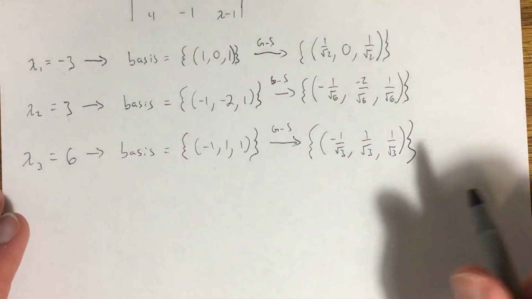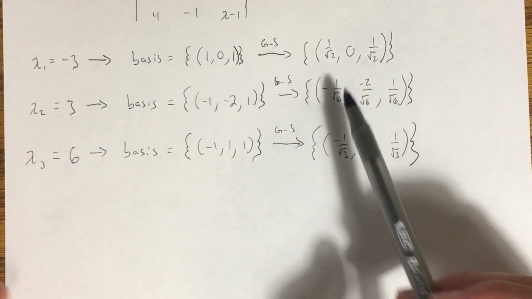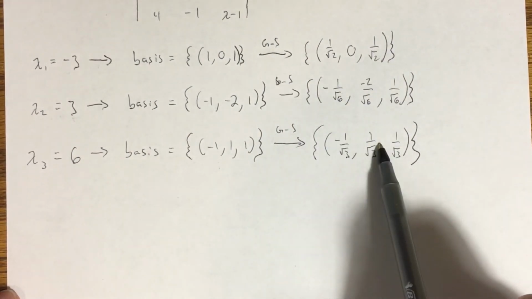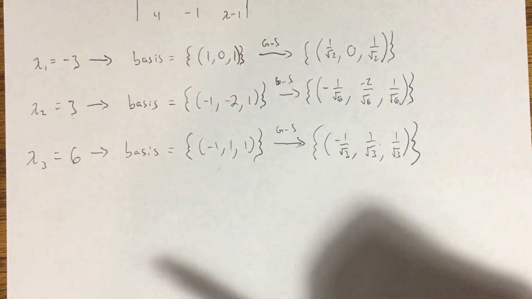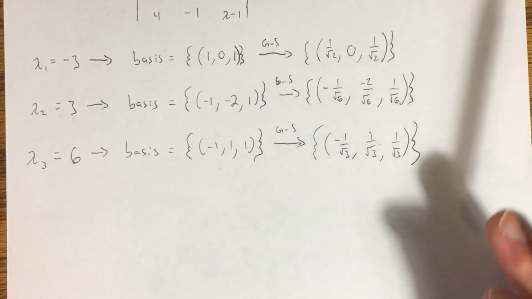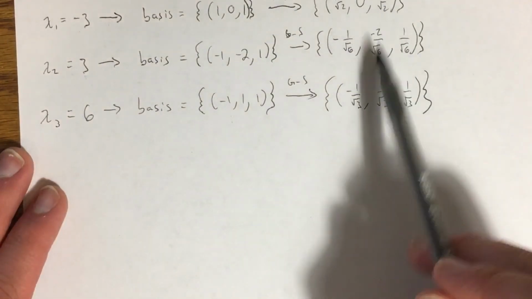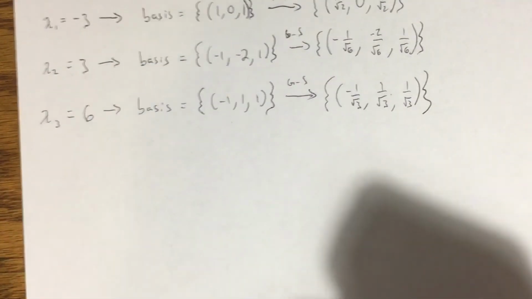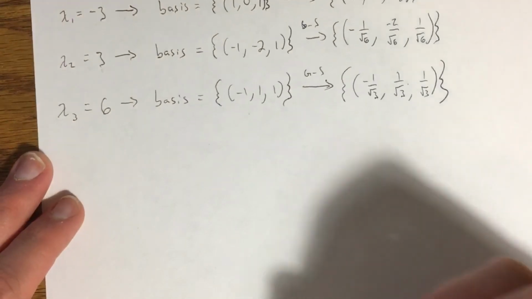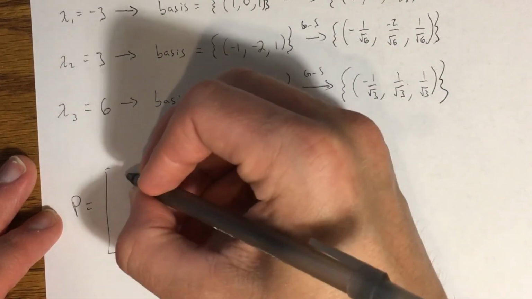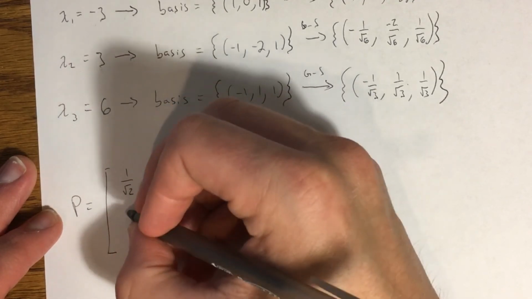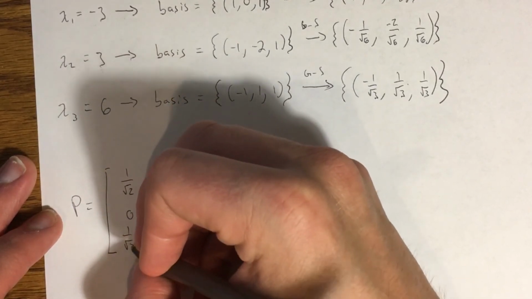Okay? So, based on the work that we've done already, each of these sets is now orthonormal, and if I put them all into one big set, we know for sure it's going to be orthonormal as well, so that I can use these as the columns of P, and that's going to orthogonally diagonalize my matrix A. So P would equal the following matrix: 1 over root 2, 0, 1 over root 2.